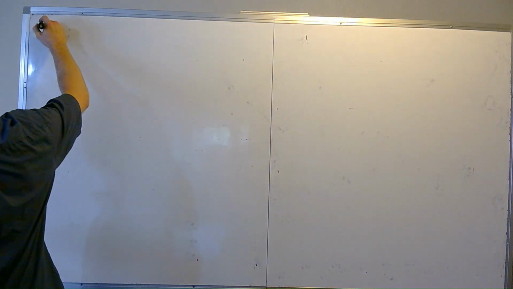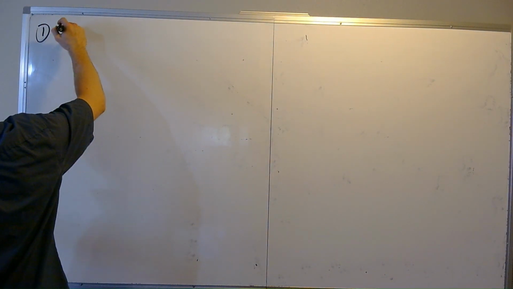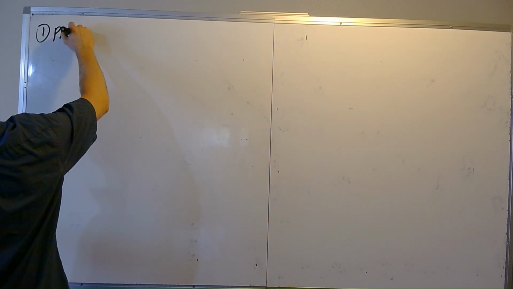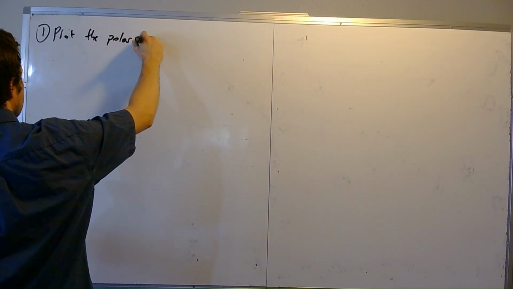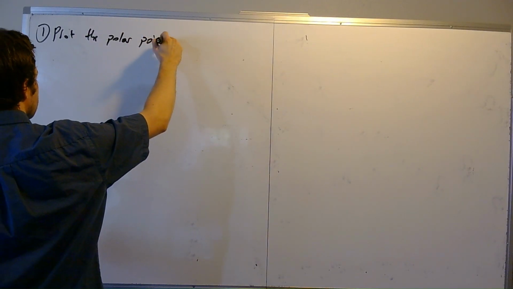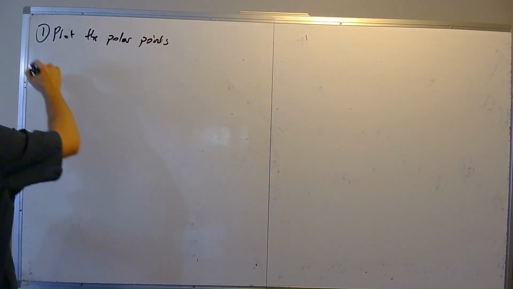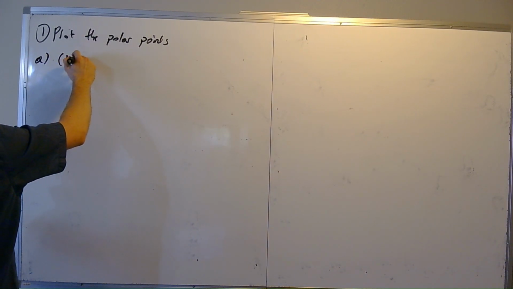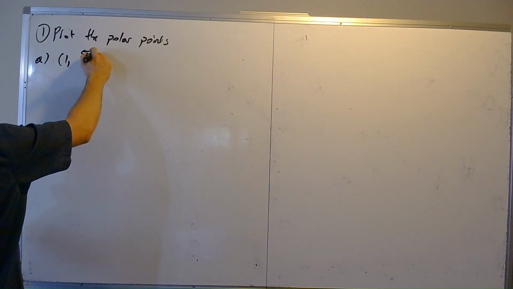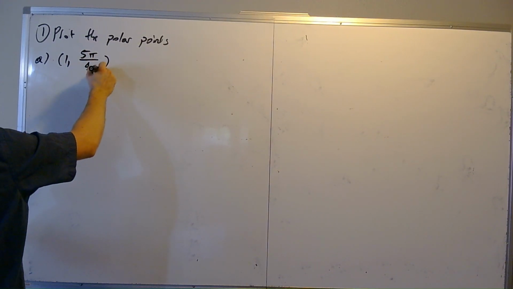So example number 1 is going to say plot the polar points, and part A is going to be (1, 5 pi over 4).